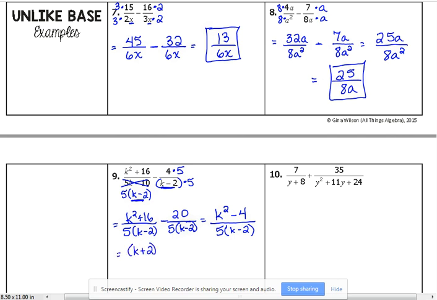Difference of perfect squares. We are finally starting to recognize that, so that is a win. We leave the denominator in factored form. There's no reason to multiply that out. Leave it in factored form because now we see that they both have a factor of k minus 2. So this simplifies down to k plus 2 over 5.